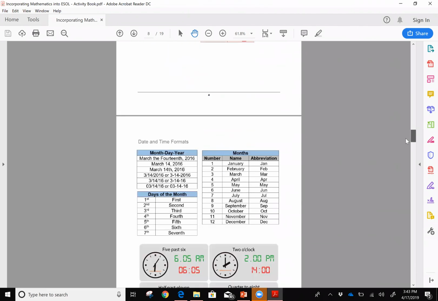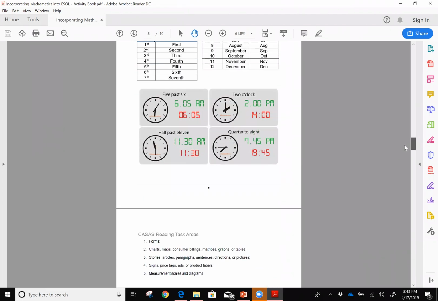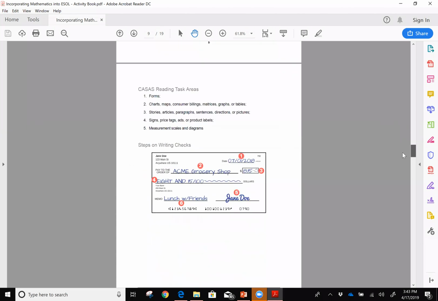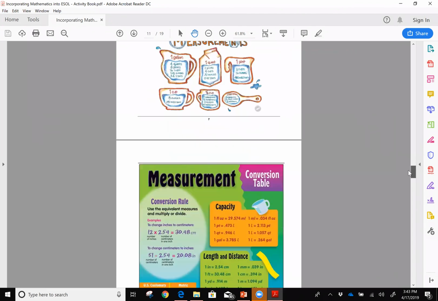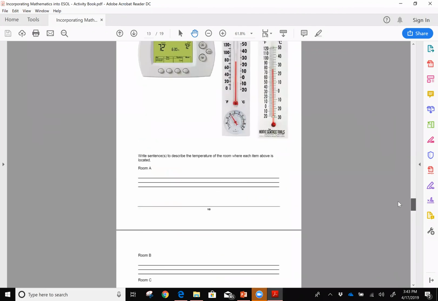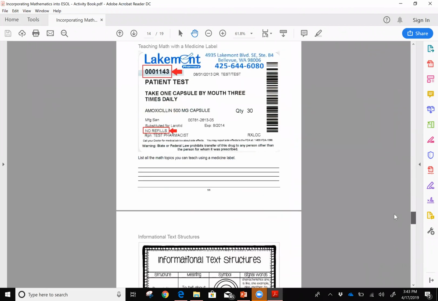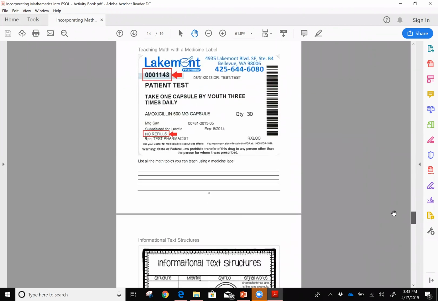All of the visuals that I have incorporated into the PowerPoint are in here. I even gave you a little worksheet here on writing checks and things like that. All of the visuals have some questions, and then we go into this activity.